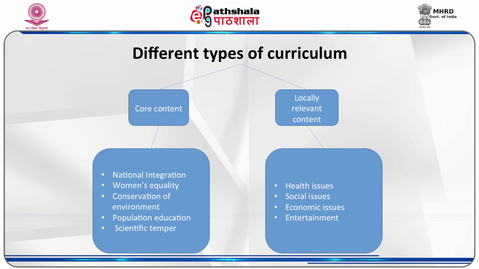Nowadays, the curriculum developers include a core content and locally relevant content for developing the curriculum for adults. Under the core content, we have national integration, women's equality, conservation of environment, population education and scientific temper, and these aspects depend on the centrally determined objectives, that is on the kind of values you wish to propagate in your citizens.